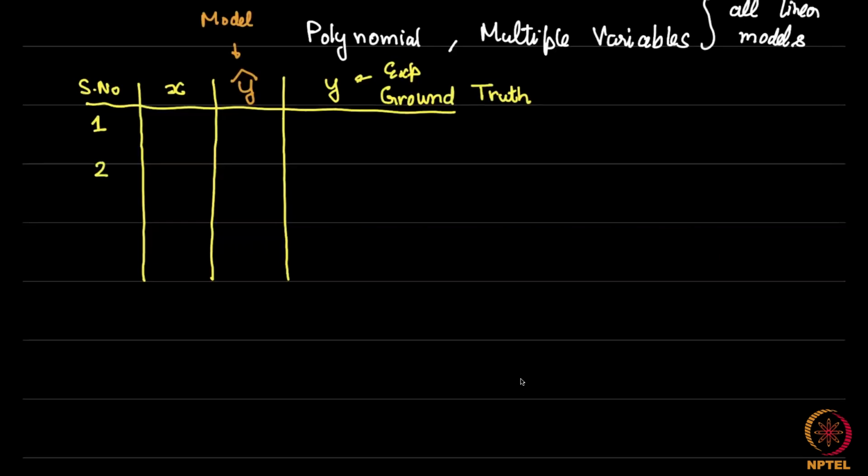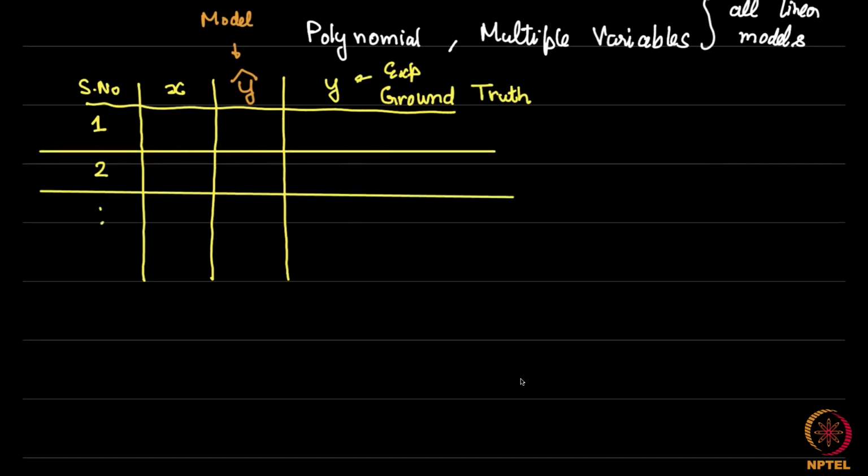So we have a whole bunch of data points, let's say 1, 2, and so on. I had said m is the number of data points that we have, or in the case of our slab, the number of sensors or thermocouples that we have.